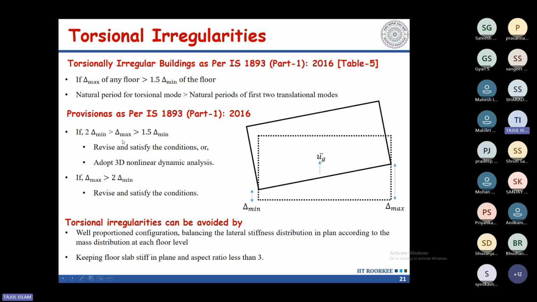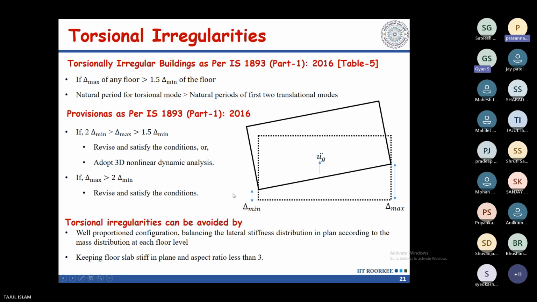So what you have to do when this is more than 1.5, either you have to revise or you have to run 3D nonlinear dynamic analysis. But if this delta max is, let's say, more than 1 but less than 1.5, then you have to consider the dynamic component of eccentricity, which is 1.5 into static eccentricity. So that you have to check.